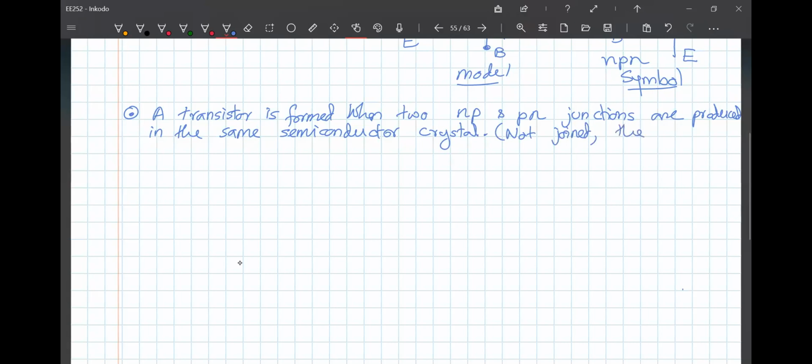The regions are etched into the crystal using diffusion of dopants.